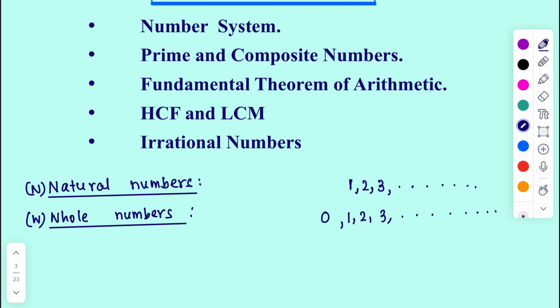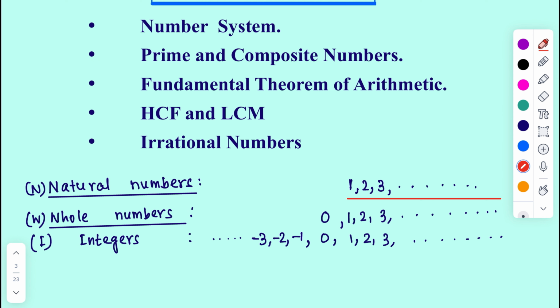Next is integers. We represent this as I. Integers are positive and negative numbers including 0. That means there is -3, -2, -1, 0, 1, 2, 3 in this way.